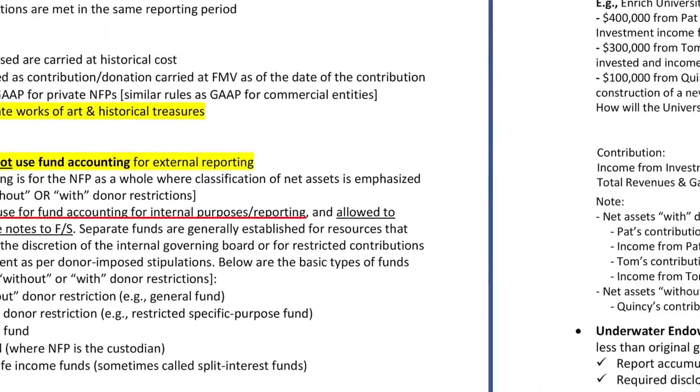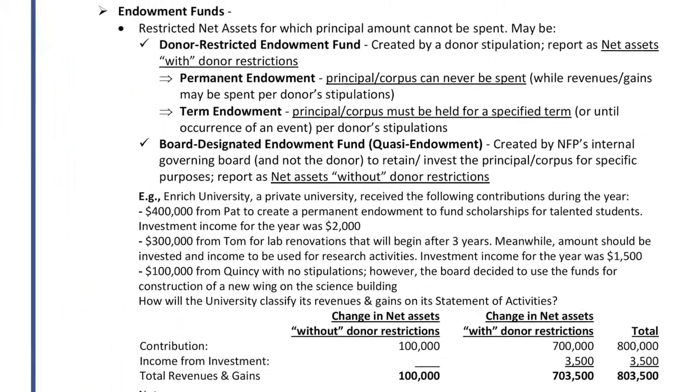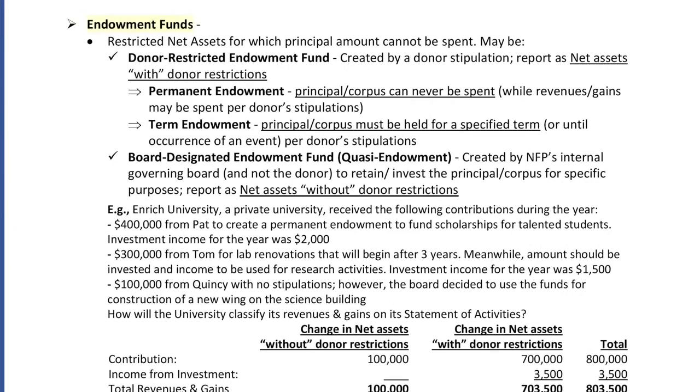Move to page 59, where we've got highlight endowment funds. These are funds for which the principal amount cannot be spent by the not-for-profit. They may be, highlight, a donor restricted endowment fund, which is created by a donor stipulation, and therefore they are net assets with donor restriction.